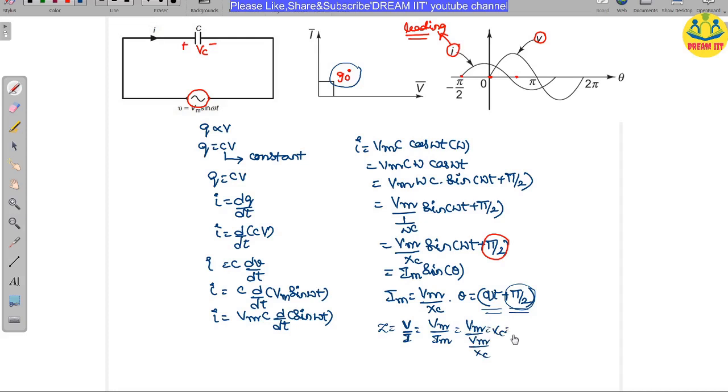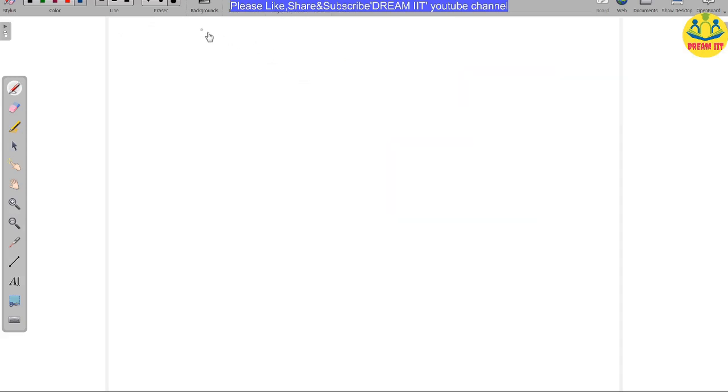Xc is equal to 1 by omega C. And 1 by omega C, with omega as 2 pi f, is 1 by 2 pi f C. So Xc is equal to 1 by omega C, which is known as the capacitive reactance.